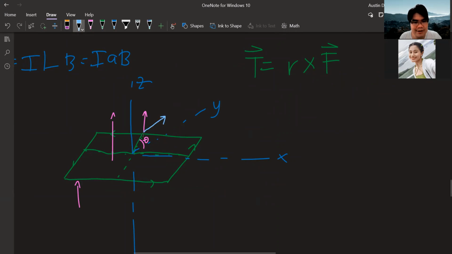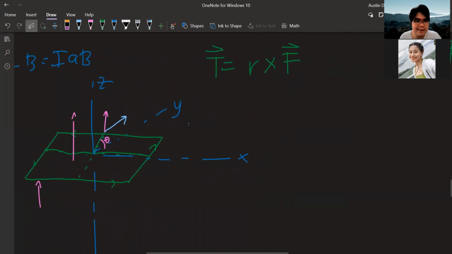Okay, so ito lang muna consider natin at this part. So may force ako na parallel with the y-axis.